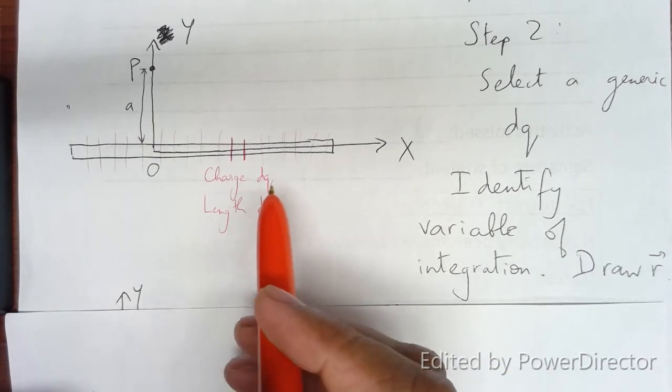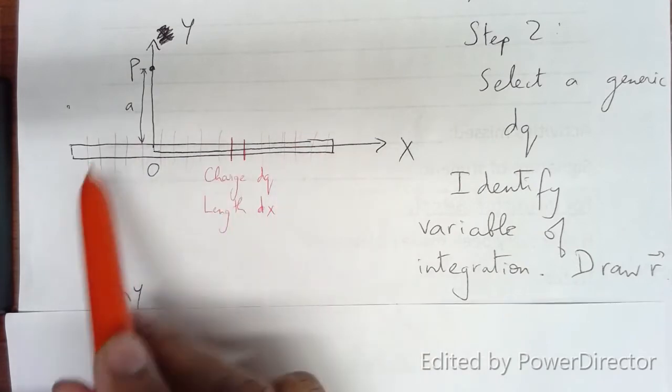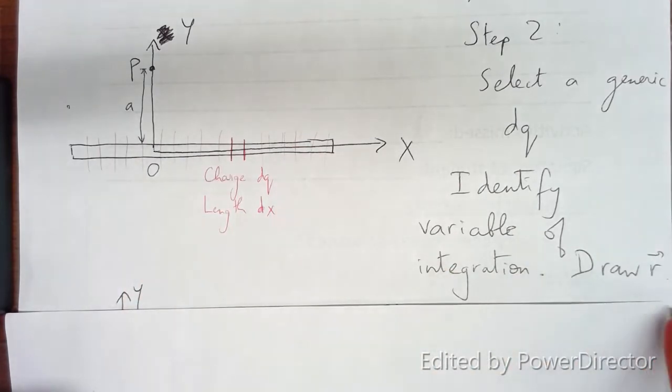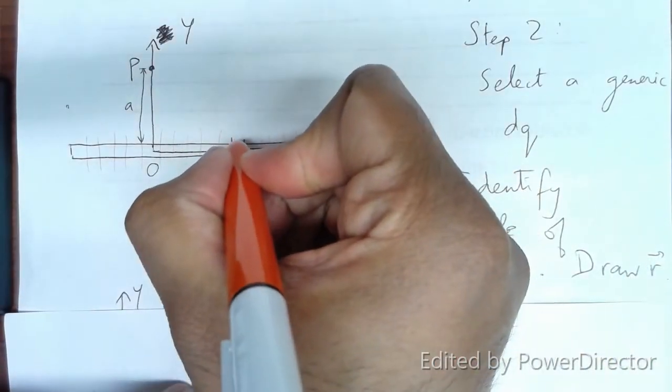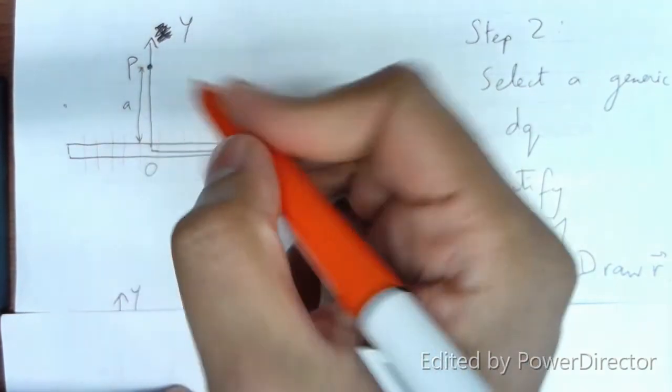And sometimes you might use different coordinate systems depending upon the problem that you're interested in. All right, so we've identified x as our variable of integration. And then the last thing is we want to draw R. So R, remember, points from the source of the electric field to the point where the field is being evaluated.